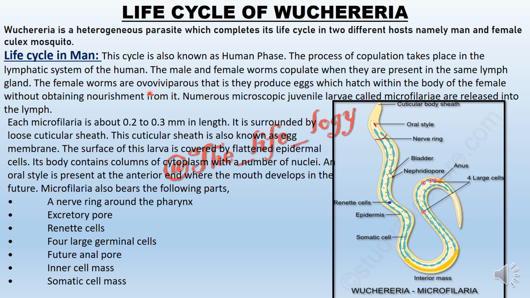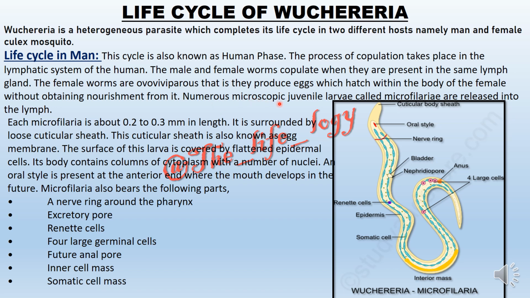But in ovoviviparous animals they produce eggs and the eggs hatch within the body, without taking external nourishment. The placenta is absent in ovoviviparous animals, and they obtain nourishment from the material of the egg.